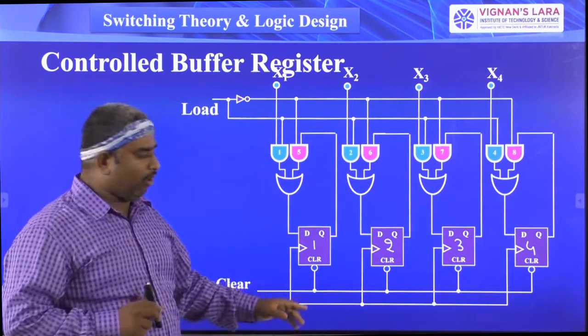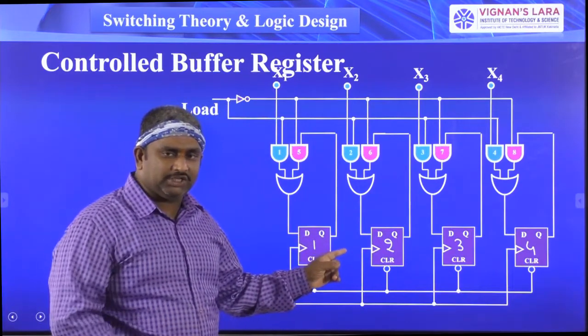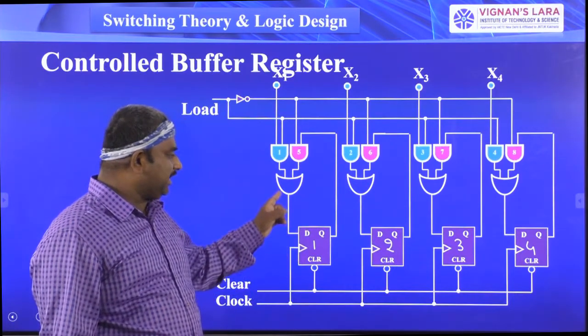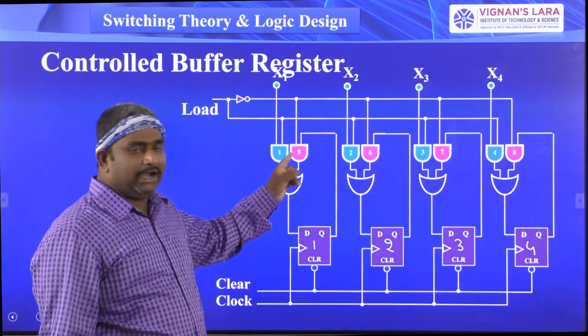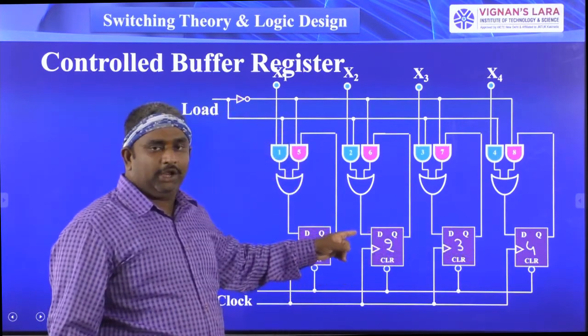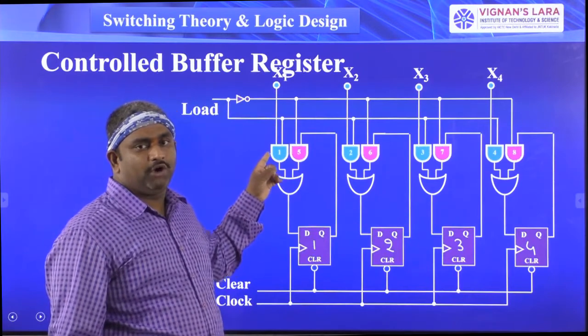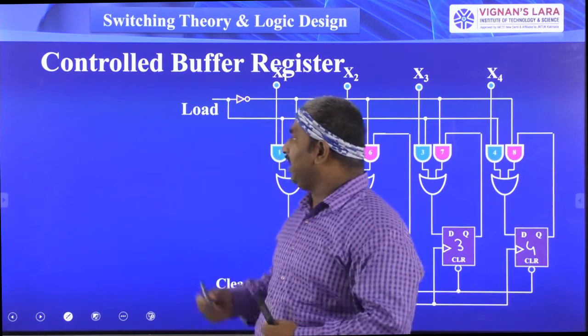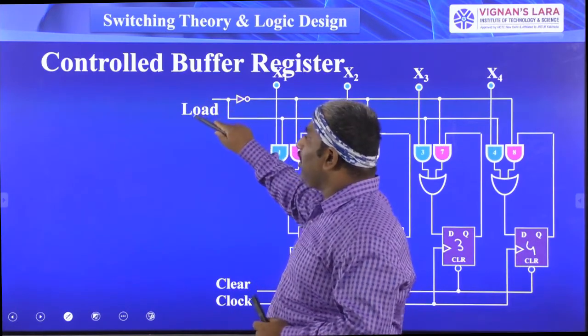Before the clock signal, what are the extra connections available for this D flip-flop? See here, the D input is nothing but the output of this AND and OR gates combination. All the D flip-flop inputs are a combination of AND and OR gates, right? Coming to the additional inputs, here we have the load signal.